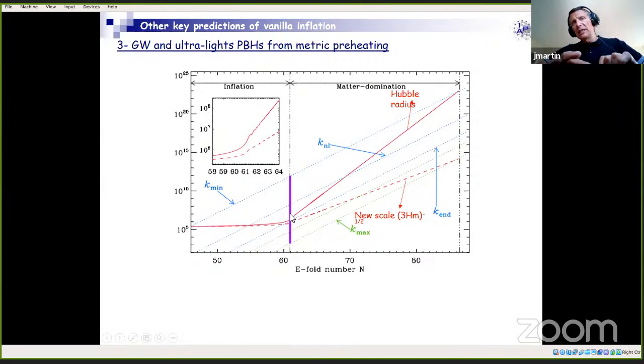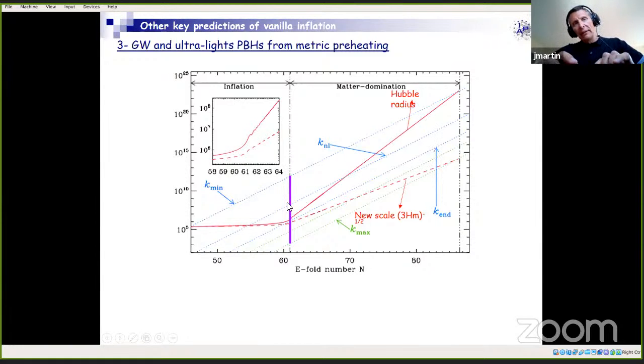And this here is reheating, matter-dominated universe. So this is the reheating. The solid line is the Hubble radius. And the dashed line is this new scale that I have introduced, which is the inverse of the square root of the mass of the field at the minimum of the potential times the Hubble radius. And being in the instability band means being between those two scales.